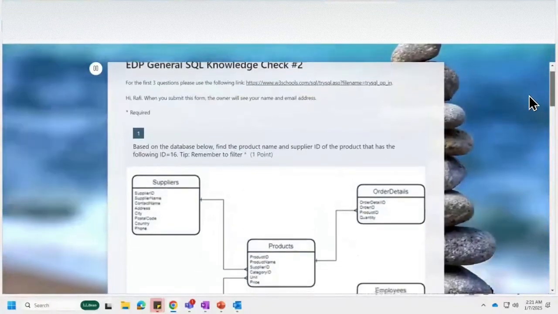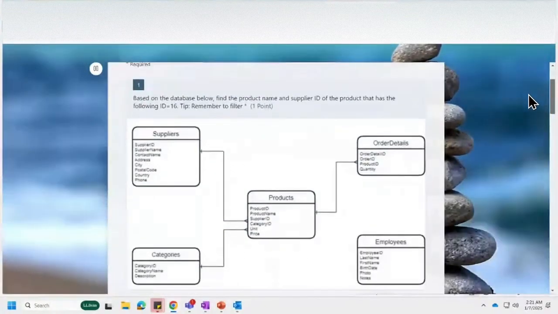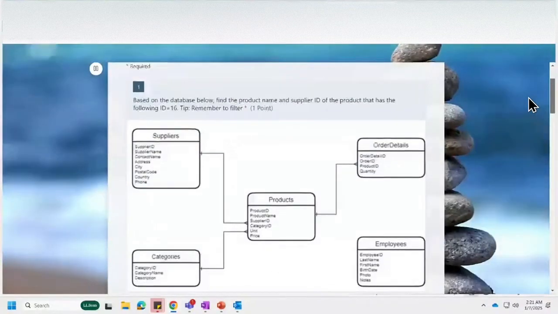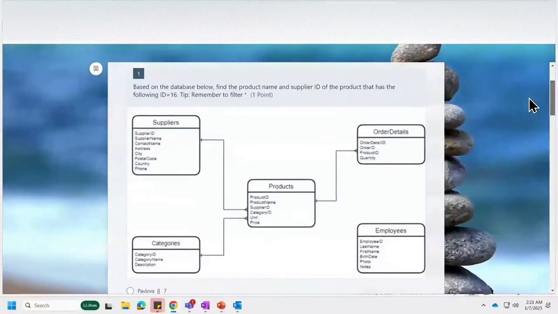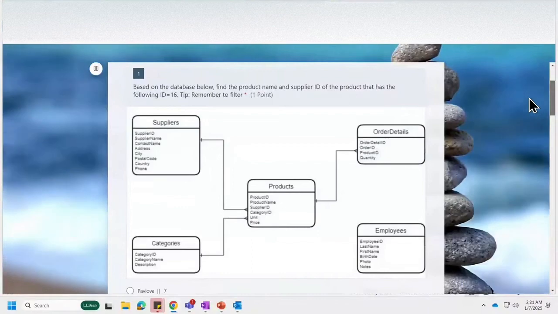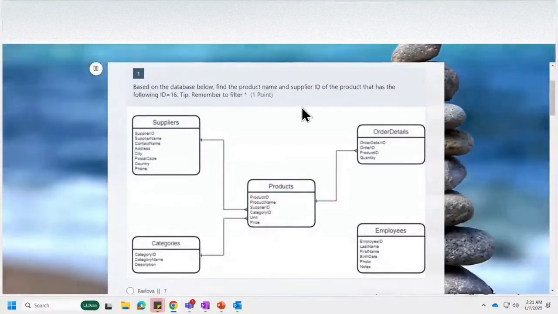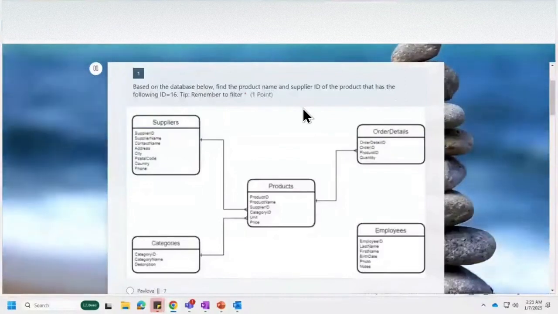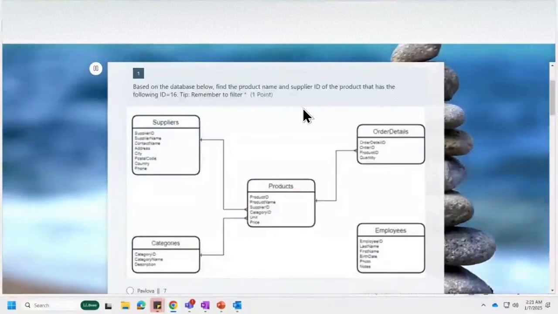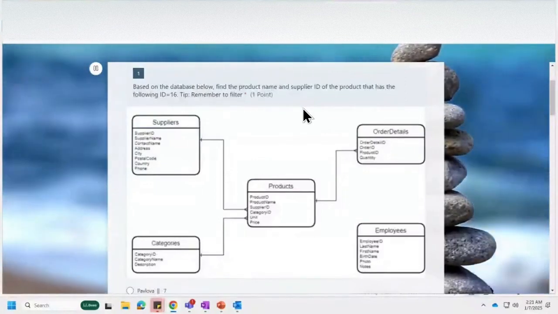We have to write some SQL query, based on the database, to find the product name and product that has the following ID. The question is very simple. Based on the database below, find the product name and the supplier ID of the product that has the following ID, 16.